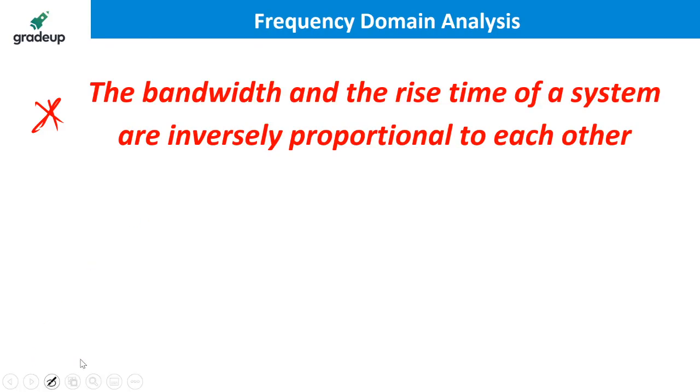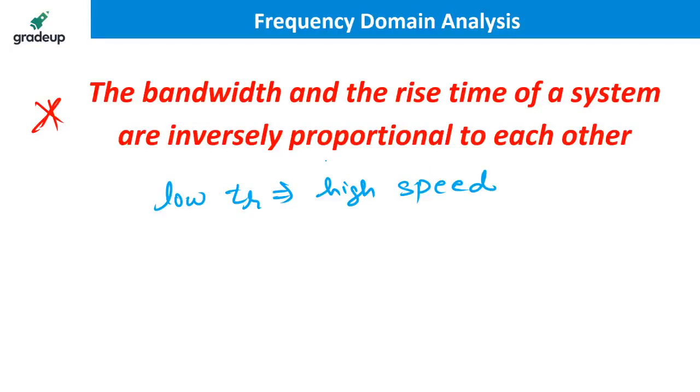That means if there is a low rise time value, it also means that the system has high speed, because if the rise time is low, it is reaching the desired value quickly for the first time. Higher speed. And low rise time also means high bandwidth.